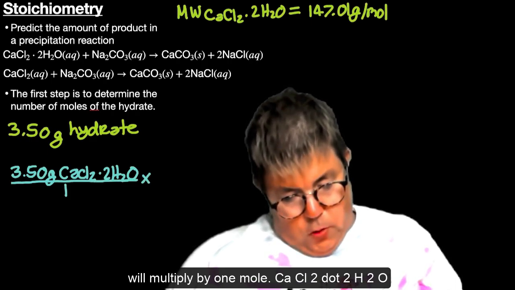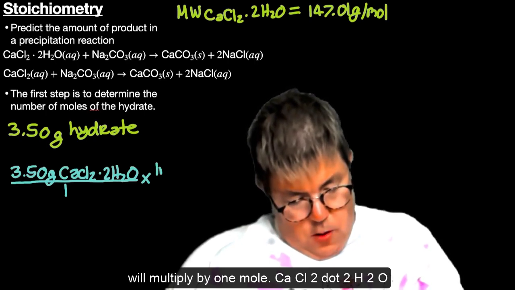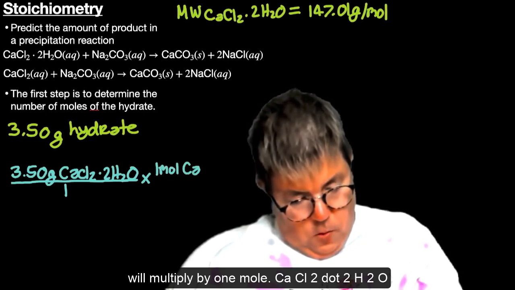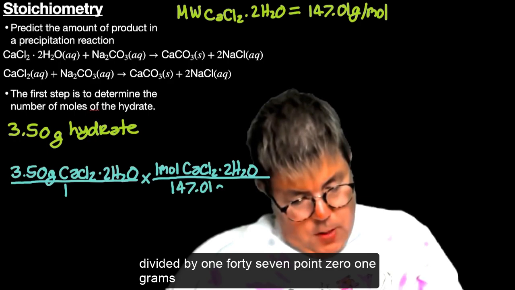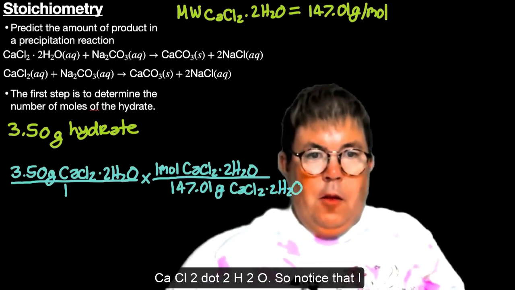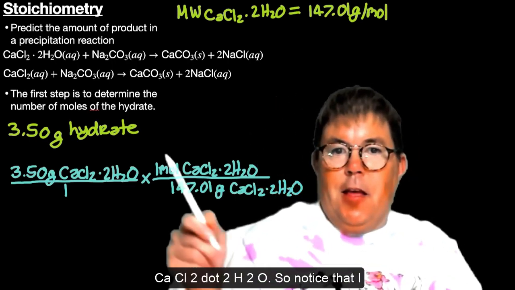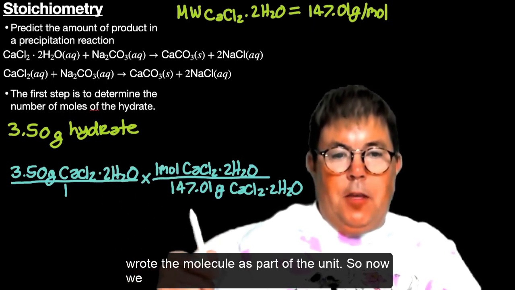Then I will multiply by 1 mole CaCl2.2H2O divided by 147.01 grams CaCl2.2H2O. So notice that I wrote the molecule as part of the units.